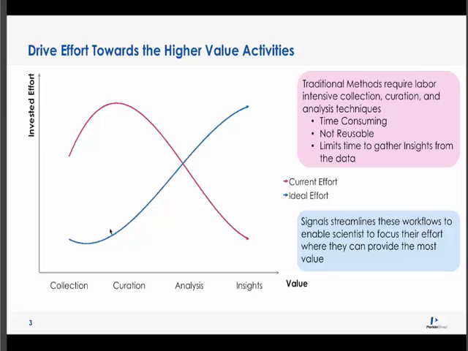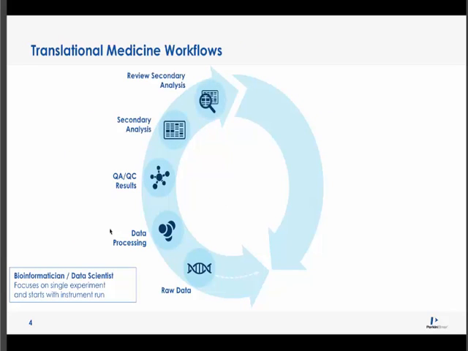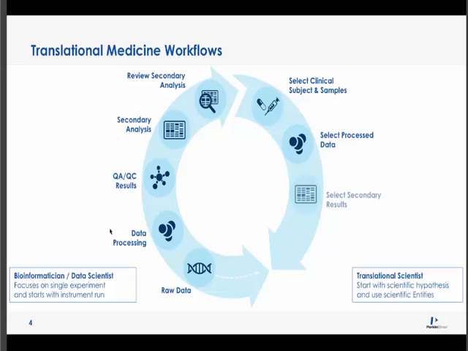With all this in mind, and the idea of what translational medicine is, the other thing we want to be cognizant of are the various workflows that the translational scientist goes through. Starting from raw data, doing data processing, analyzing all that data, then doing secondary and tertiary analyses after that, then reviewing them even further, processing them further, comparing them with other clinical data that's out there, and doing other integrated analytics.